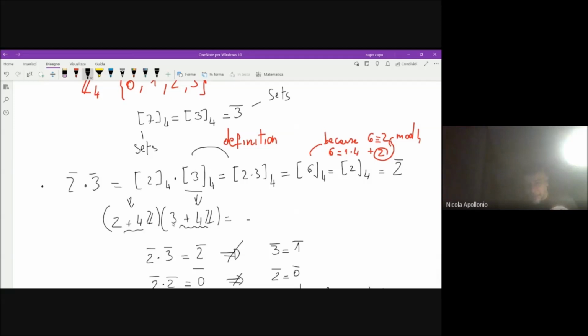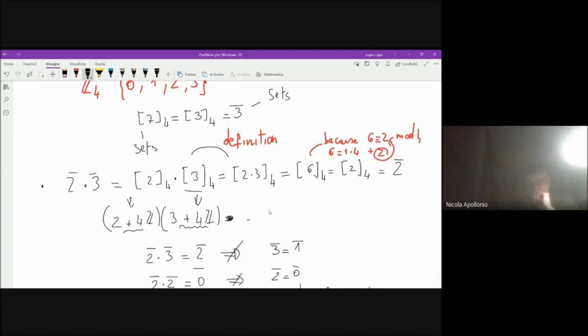So pick an element in the first set. This is not an equal sign. Pick an element because we are defining; we cannot write equal because it's not an operation yet. Pick an element in the first set, an element in the second set, multiply, and see what happens.